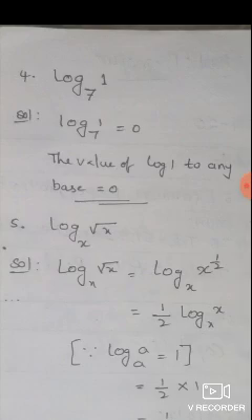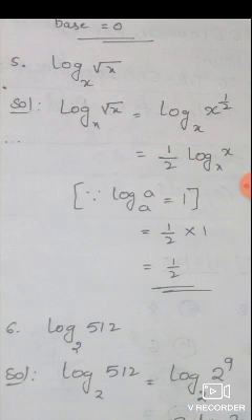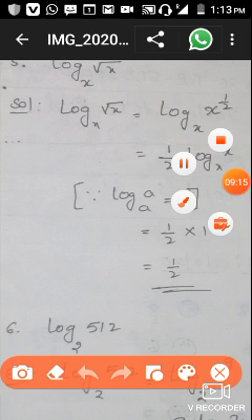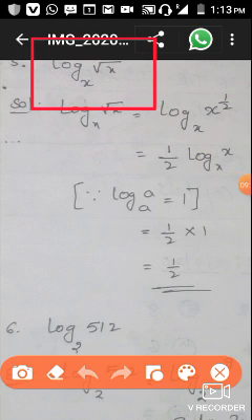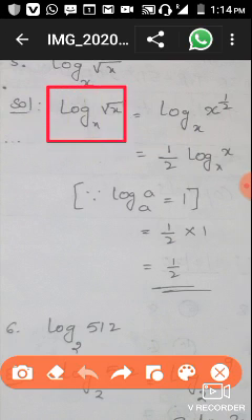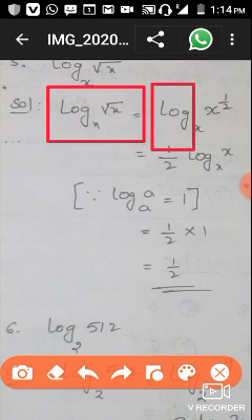Next, the fifth question: log root x for base x equals what? The value we have to find. For this we can write log root x as log of x to the power of 1 by 2 for base x.